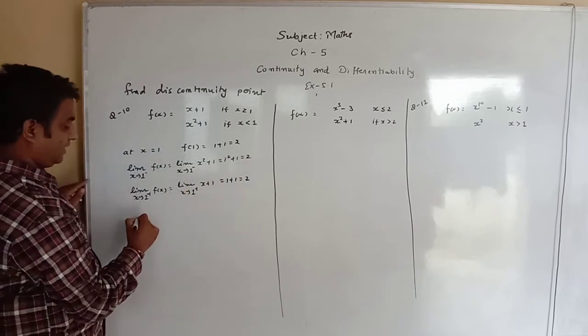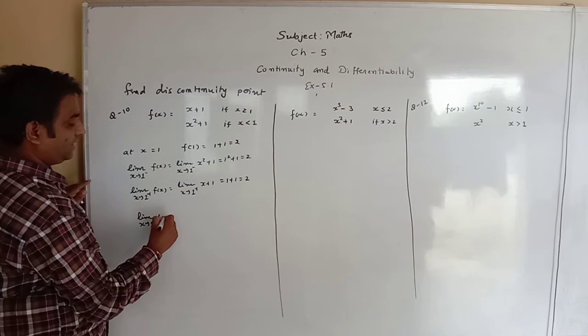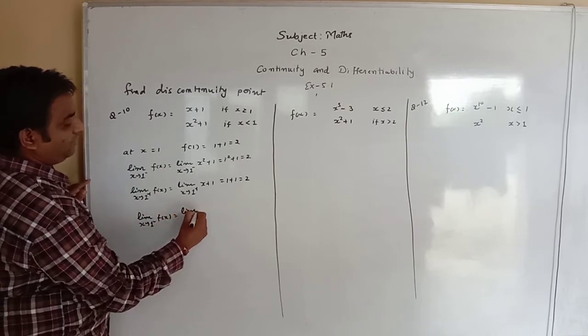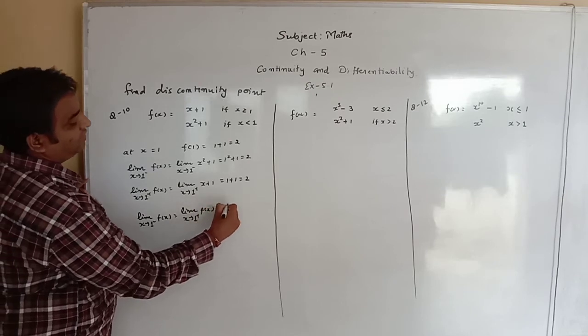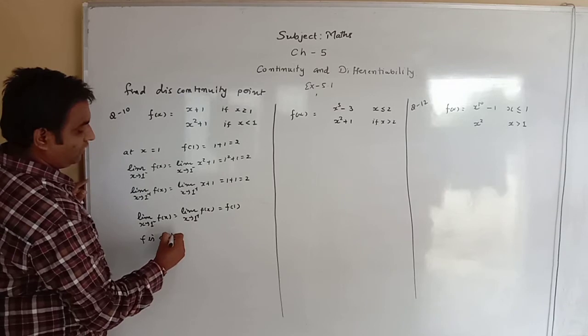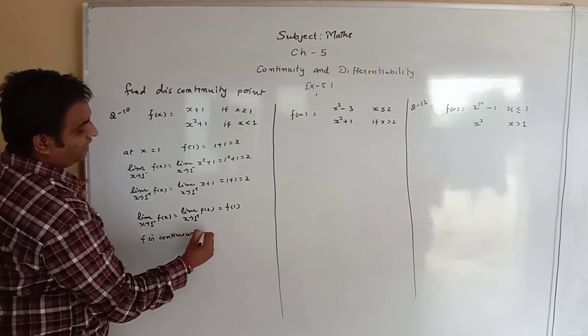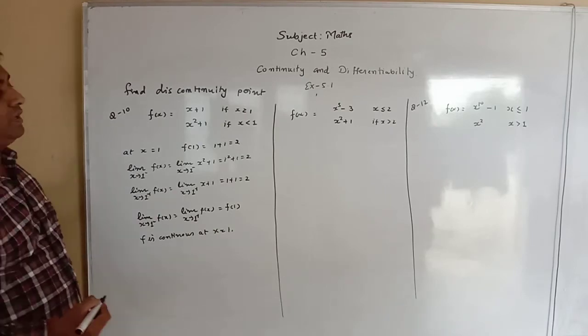So we can see that the left limit equals the right limit equals f(1), and so f is continuous at x = 1 and so there is no discontinuity point.